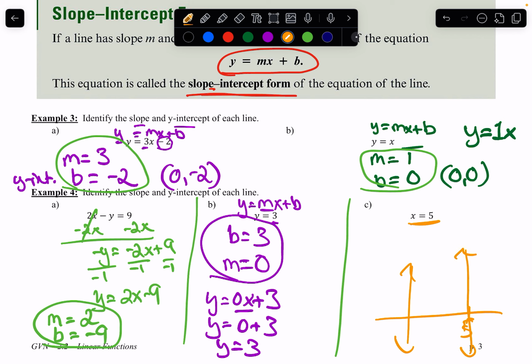And we remember that for a vertical line, the slope is undefined. And as you can see from the picture, it does not cross the y-axis at all. So there is no y-intercept for this one.